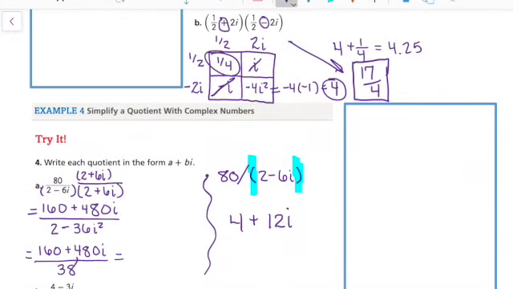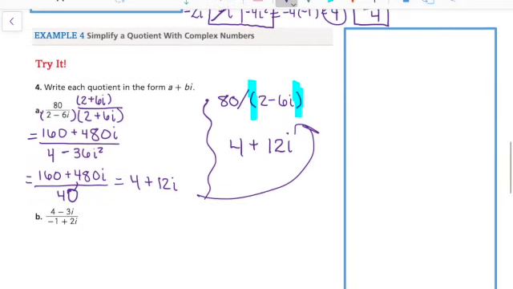Notice my original problem, so I didn't do my math wrong. All right, I figured it out, y'all. What is 2 times 2? 2 times 2 is 4, which means that this should be 40, not 38. Which then, yes, I would get 4 plus 12i. Another reason I strongly encourage the Calculate 84 app or the Chromebook graphing calculator for this particular problem.